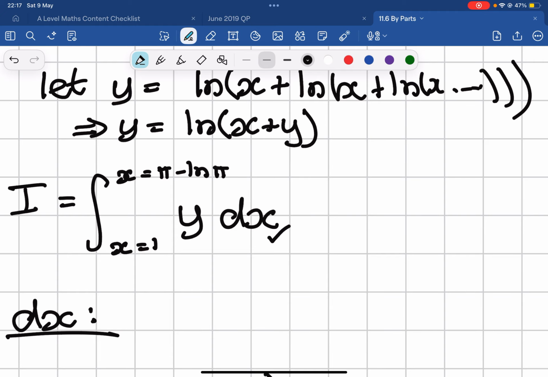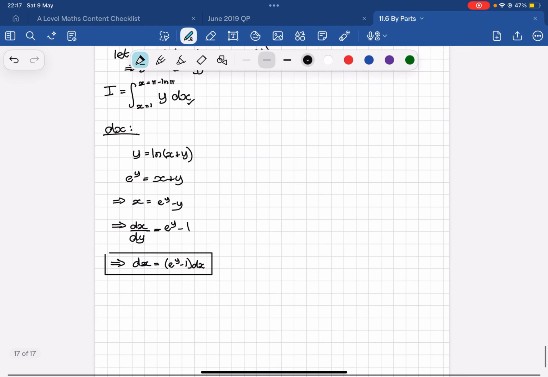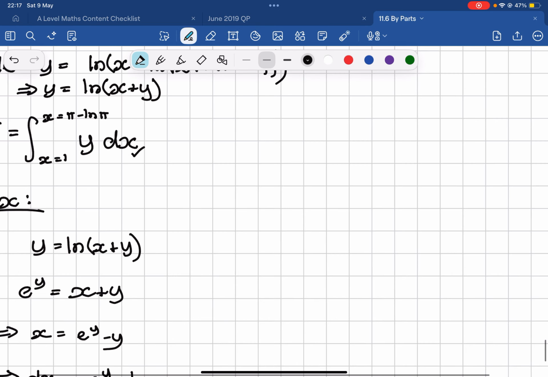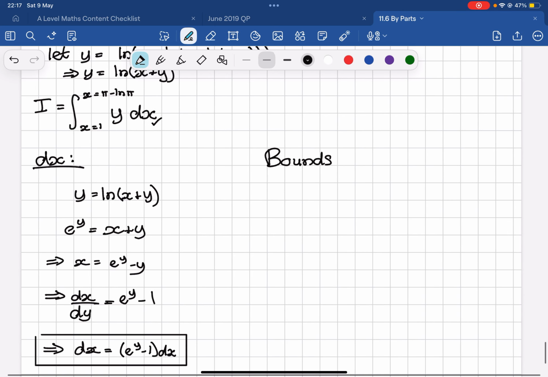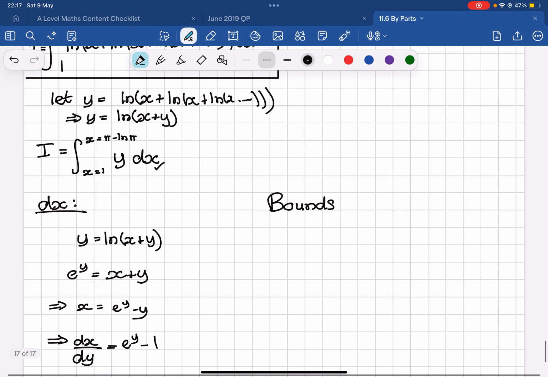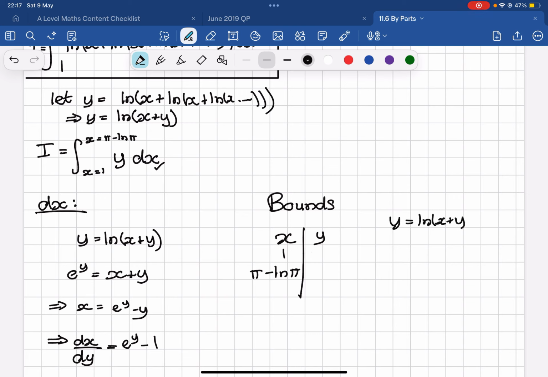Now we just need to adjust the bounds. So if we write in bounds, we have x and y, so 1 and pi minus ln pi, and y we know to be, let's write aside, y equals ln x plus y.